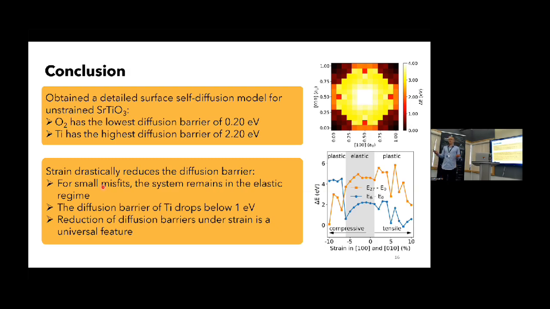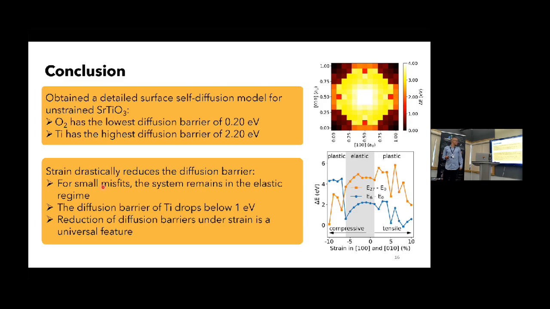So for small misfits, depending on the material, the system remains in the elastic regime to get a nice quadratic curve. For titanium, the diffusion barrier drops below 1 electron volt. And if we remember the Arrhenius equation, it's an exponent of the E function. And so we get a massive increase of the diffusion.